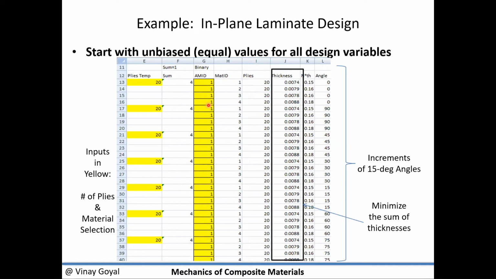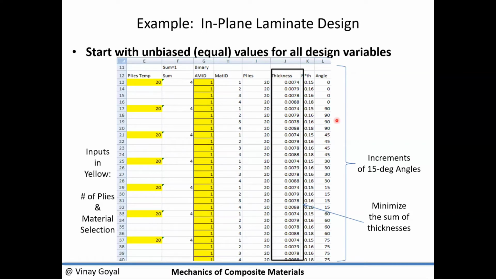And then the second thing we want to do is figure out the number of plies. What we want to do is minimize the total sum of the thicknesses, and that will force me to find the optimal number of plies I need. Instead of doing very discrete numbers of plies, we could have made the number of plies arbitrary. But for simplicity, we stuck to 0, 15, 30, 45, 75, 60, 90.